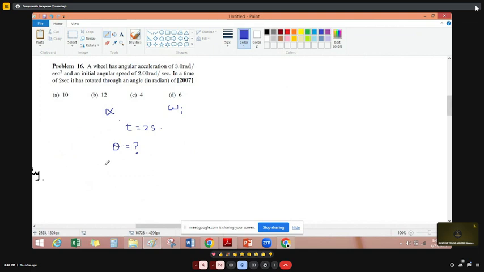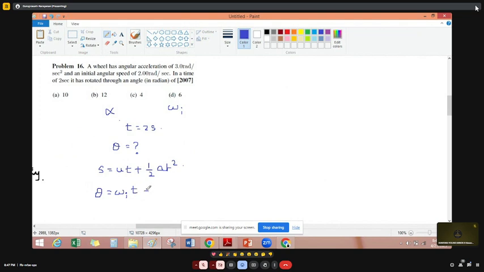So the formula that comes to my mind is s is equal to ut plus half at square. However, we are not working with linear motion right now. We are working with rotational motion. So instead of linear displacement, it is rotational displacement, which is your angle. Instead of initial velocity u, it will be initial angular velocity omega i.